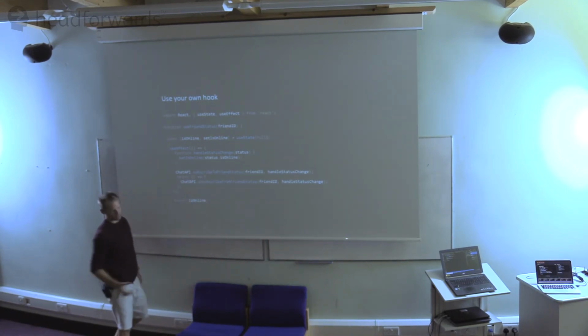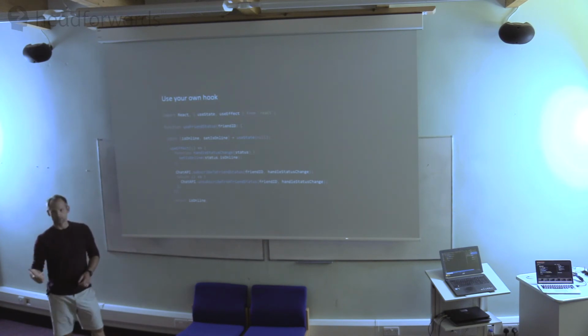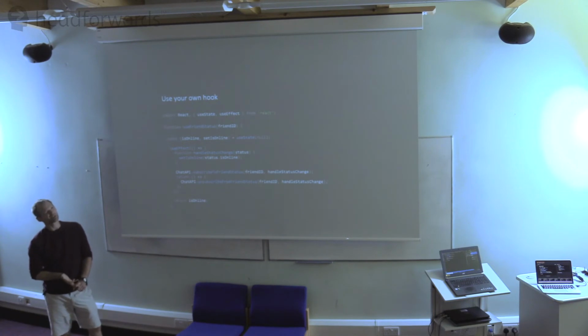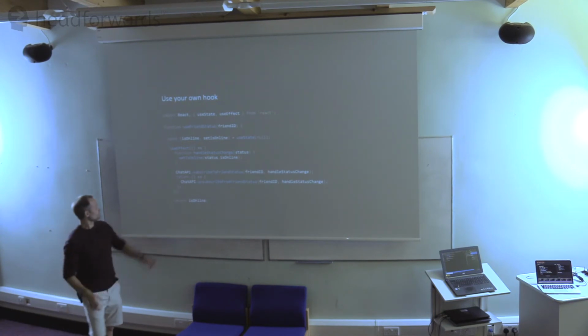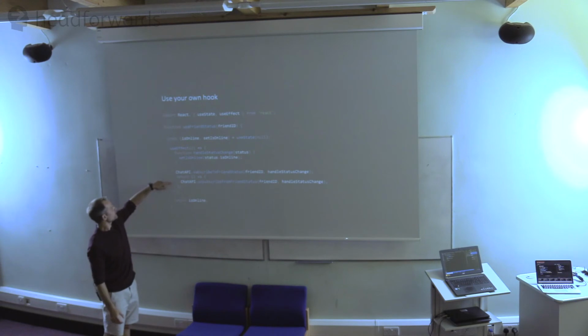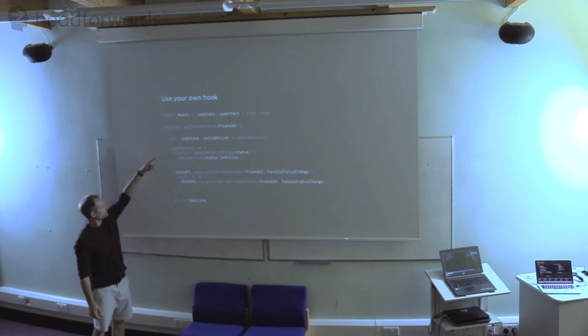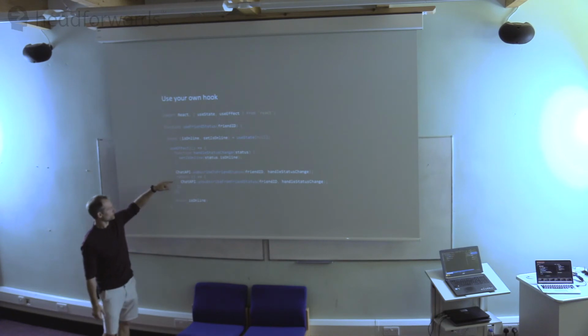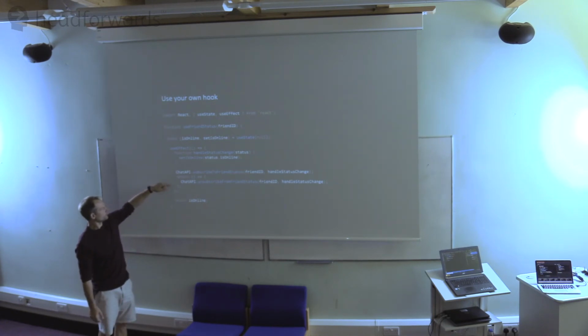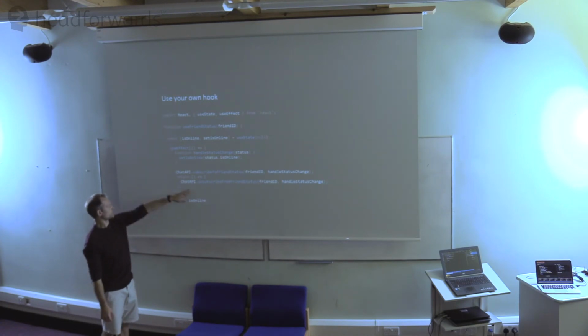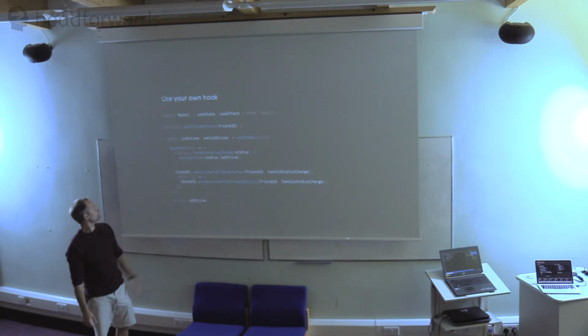If you're familiar with React class components, you've got a lifecycle method called componentWillUnmount, I think it is. Basically, this is your cleanup code. You can return a function from UseEffect, and React will say, okay, you're returning a function, therefore this is your cleanup logic. So that's all that's doing. It's just unsubscribing in this case.